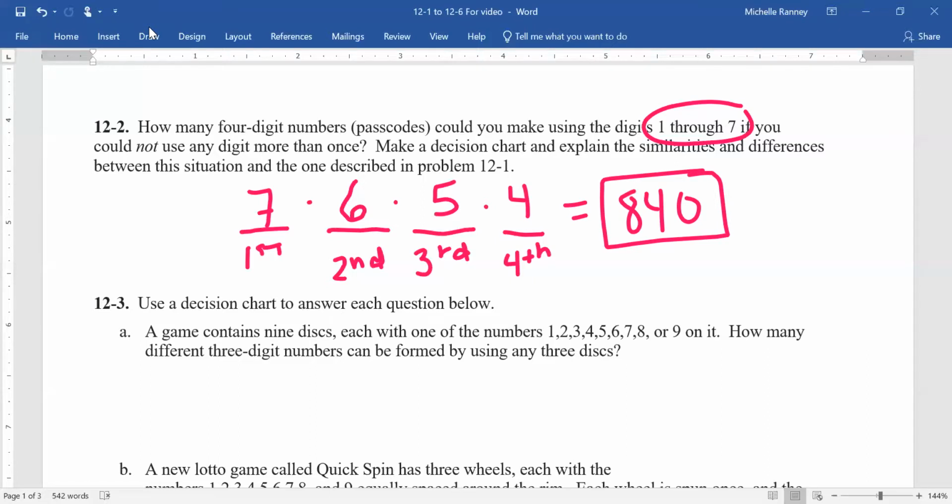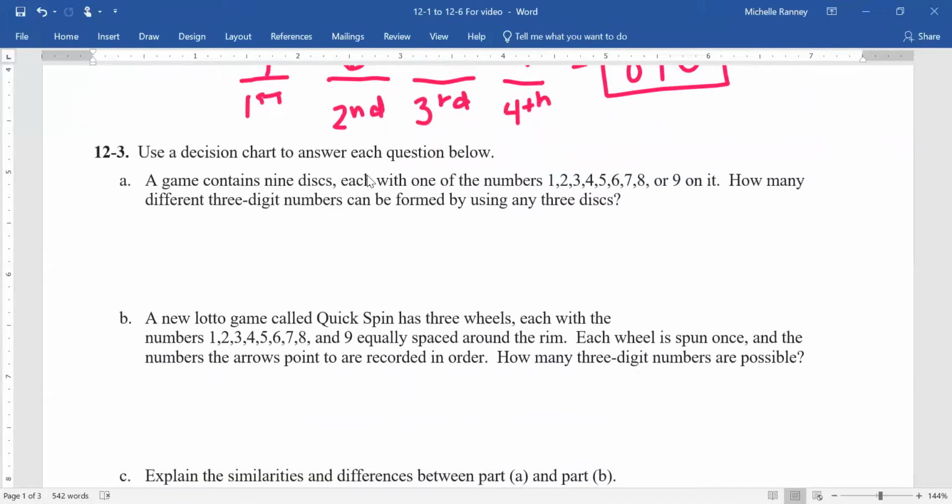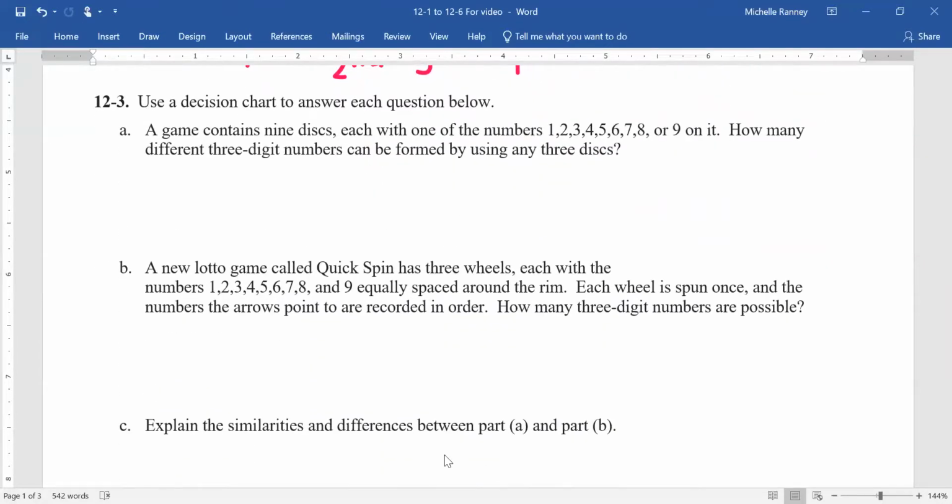Now, the next one, 12-3, I'm going to read through with you guys, but I am going to want you guys to try to set these up, and then we'll discuss them afterwards and see if you guys got the right answer. So on 12-3, use a decision chart to answer each question below. A game contains 9 discs, each with one of the numbers 1, 2, 3, 4, 5, 6, 7, 8, or 9 on it.